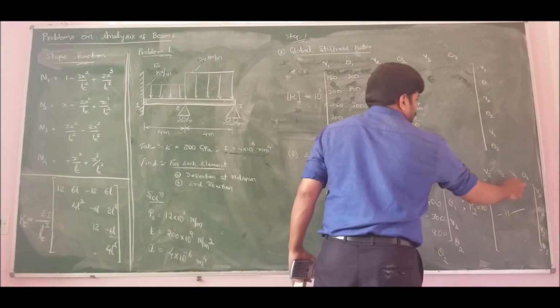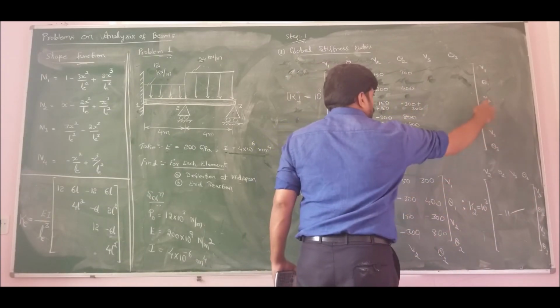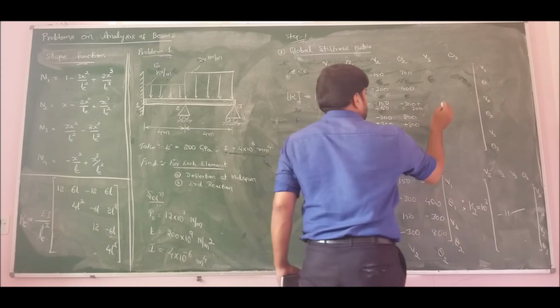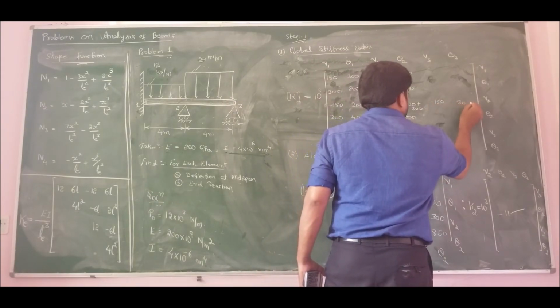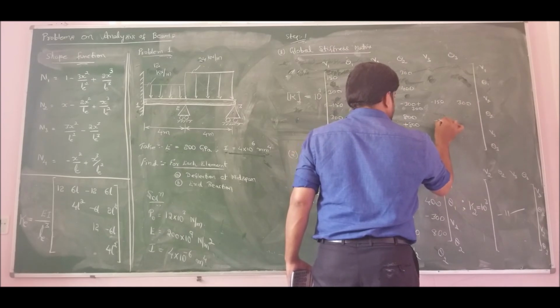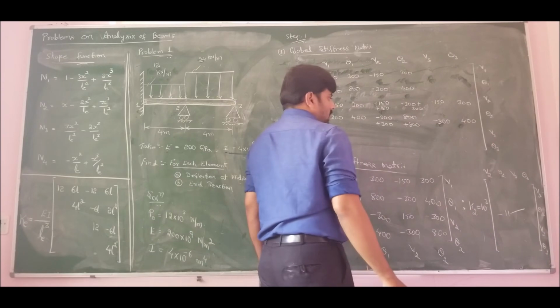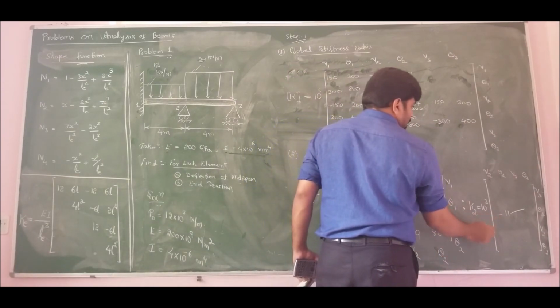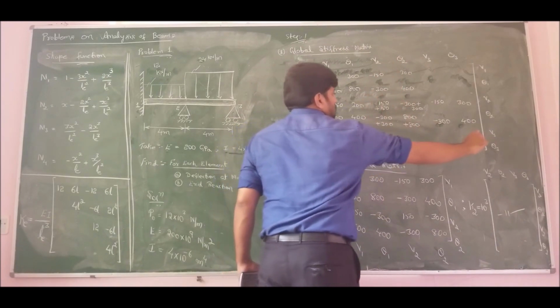The order of the next 4 is v3 theta 3 cross v2 theta 2, so it will fit here with minus 150, 300, minus 300 and 400. The order of the bottom 4 elements is v2 theta 2 cross v3 theta 3.